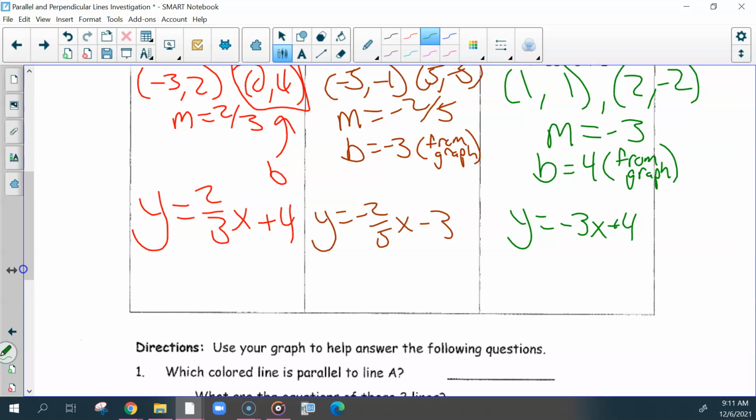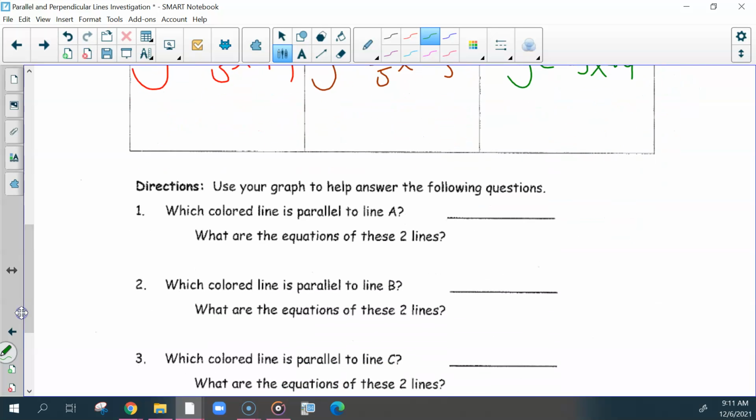So I'm going to give you a little bit of this information, and then on the next page I'm going to let you guys work together and try and figure this out. Do we know anything about parallel lines? Aubrey? They have the same slope, but a different y-intercept.